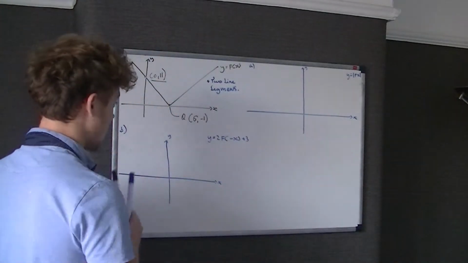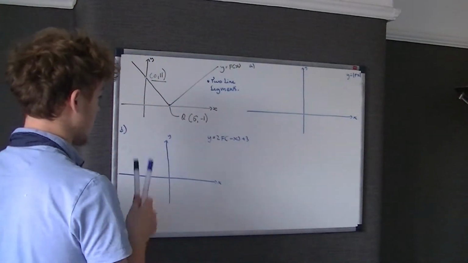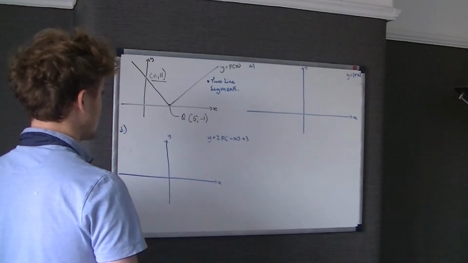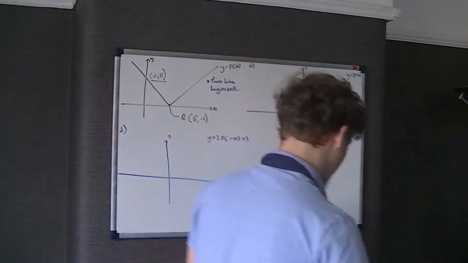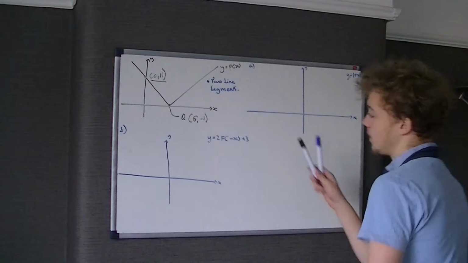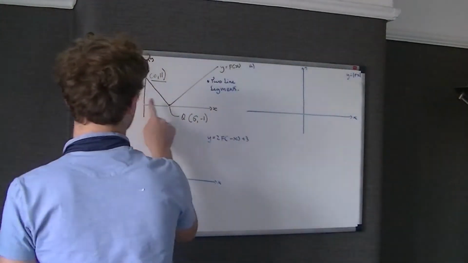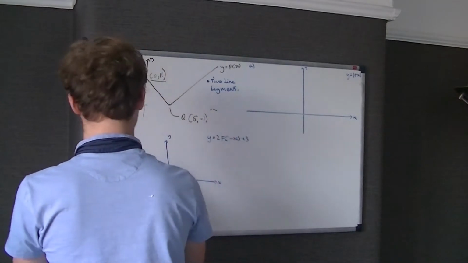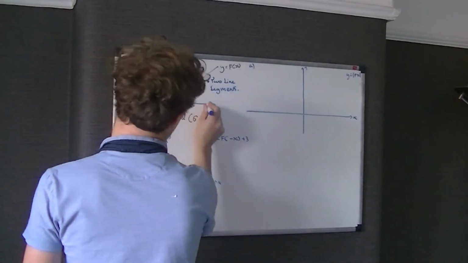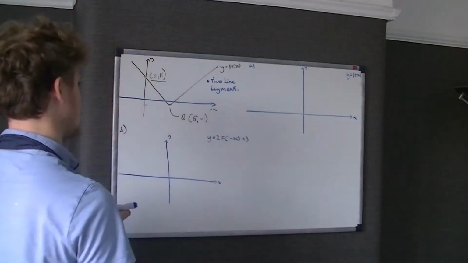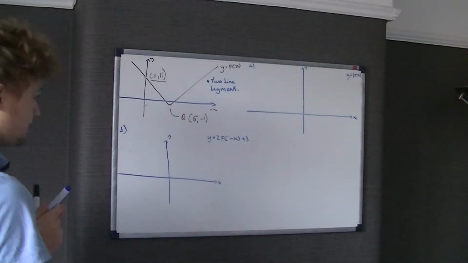And then we're given where it touches the x-axis, which is (6, -1). Sorry, that's the vertex, I've not drawn that right. Obviously, I'm assuming you've got the paper open. So the vertex is (6, -1).